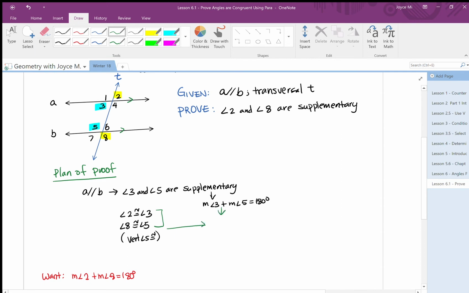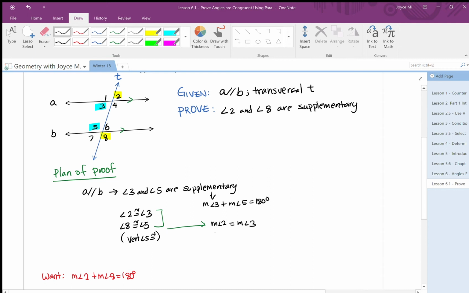Let's see what we have so far. So I'm telling you the measurement of angles 3 plus 5 gives me 180. But I know 3 has the same measurement as 2, and 5 has the same measurement as A. So next, let me write it: the measurement of angle 2 is the same as the measurement of angle 3, because if two angles are congruent, then the angles have equal measures.